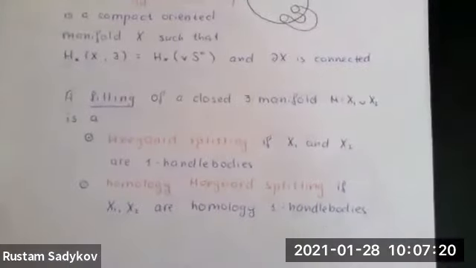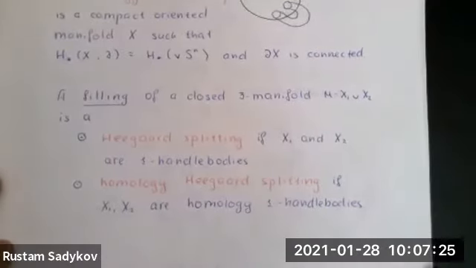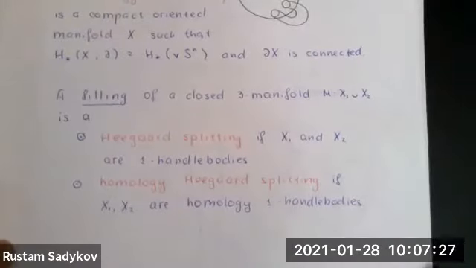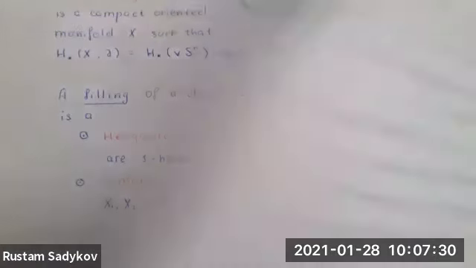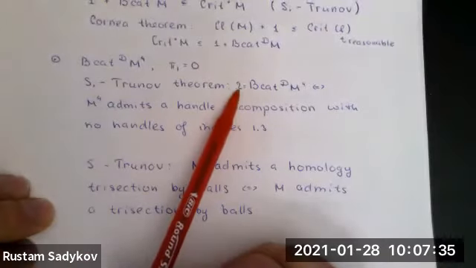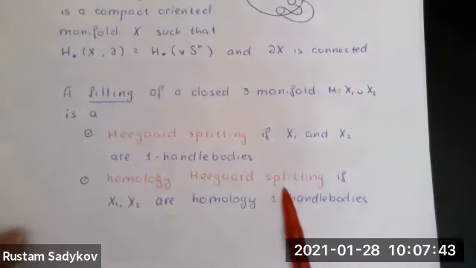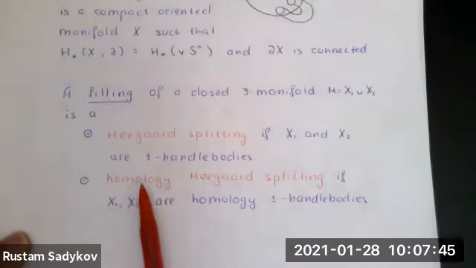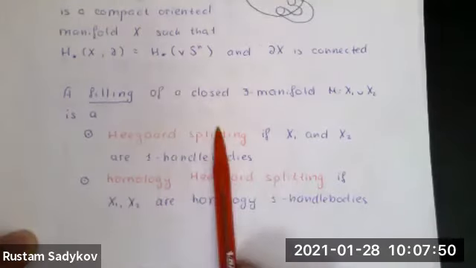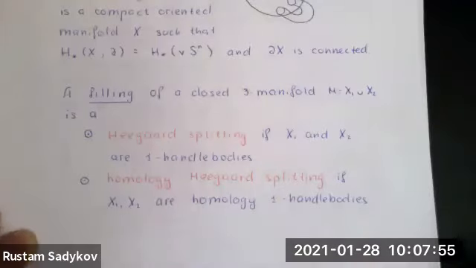And the point is that later I will show that if you have this filling by three smooth balls, then you will get a homology Heegaard splitting, and then the point would be to modify the homology Heegaard splitting into a Heegaard splitting. So let me tell you how a homology Heegaard splitting can be modified into a Heegaard splitting.